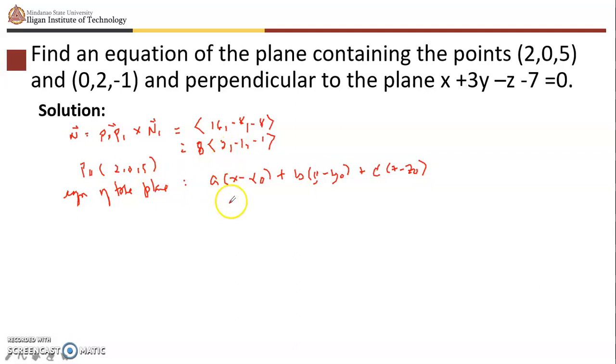Your a here is 2, times x minus x sub 0, which is 2, plus b, which is negative 1, times y minus y sub 0, which is 0, plus c, which is negative 1 again, times z minus z sub 0, which is 5. It's supposed to be equal to 0.